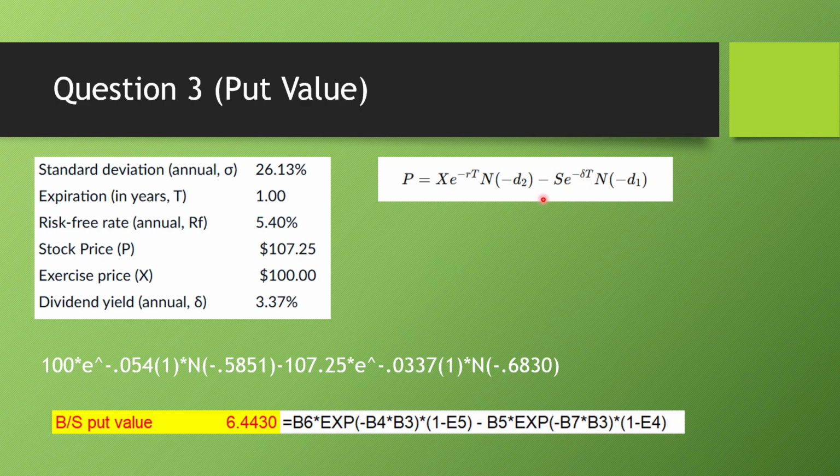Oh wait, right? Let me double check. Yeah, minus the stock price, exponential. This would be that little wonky number. I'm not sure if you guys can see that. That would be the dividend yield times this N of negative D1.